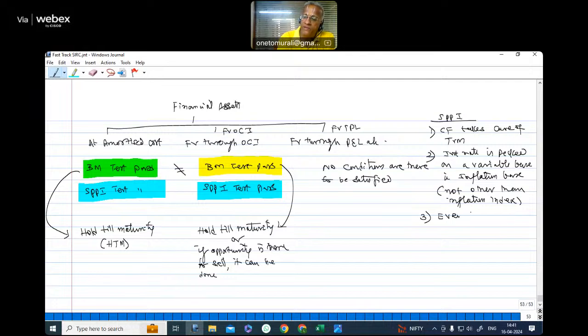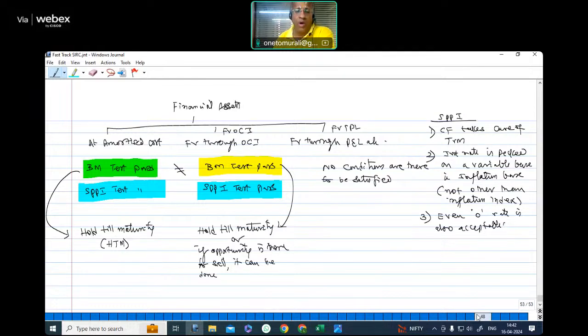Even zero rate is also acceptable. There can be a lot we can update, so at this moment I'm just keeping it only to the extent of those three items.